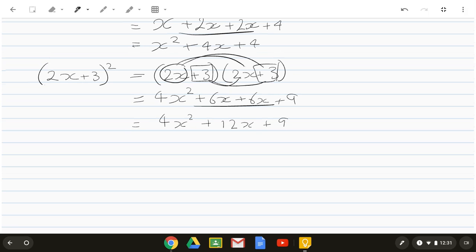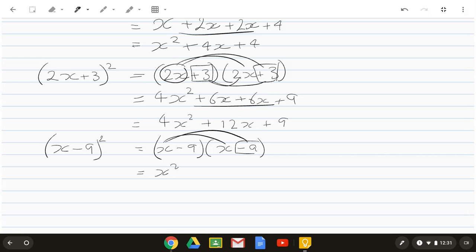Now you might be noticing a bit of a pattern here. Let's just do one more with a negative. x minus 9 squared. So that equals x minus 9 times by x minus 9. So x times x is x squared. x times minus 9 is minus 9x.